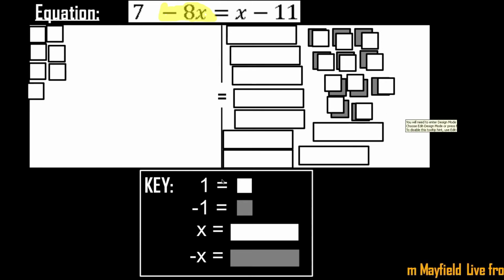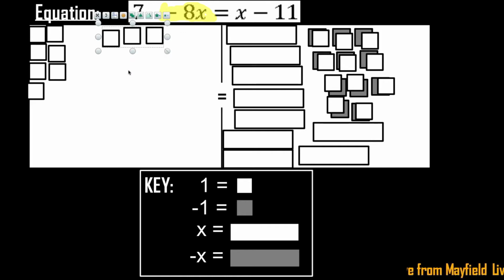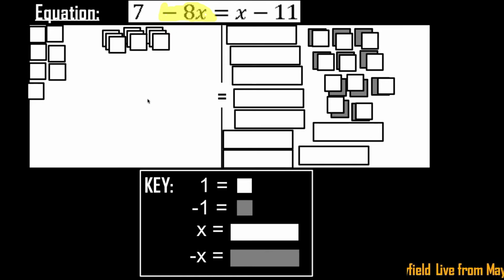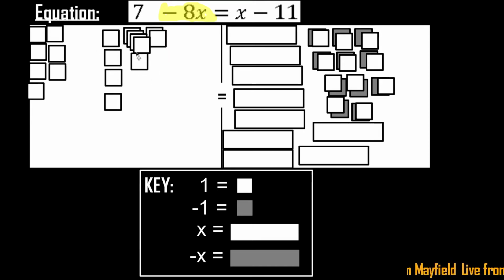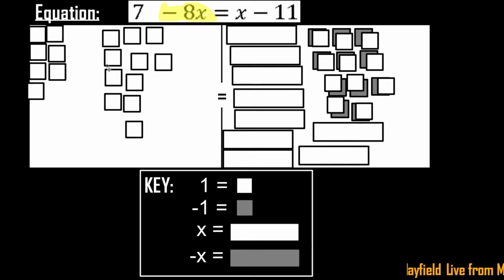Alright, do the same thing over here. So I got 1, 2, 3. I have 6, 9, 12, but I need to take that one out. So again, I'm just adding 11 to both sides. So I have 3, 6, 9, 12, 3, 6, 9, and then 11. Okay. Again, our 0 pairs cancel out.